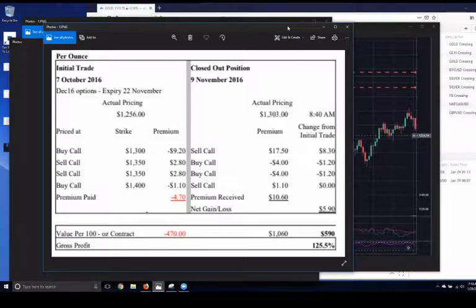This is not an ideal trade, but this is a very low risk, very limited reward, but it's incredibly simple to understand. And we'll talk about that in the options program today. But if you had bought the December 1350 1400 butterfly on October 7th and laid out $470, you could go to sleep at night. You spent $470. That's your risk.